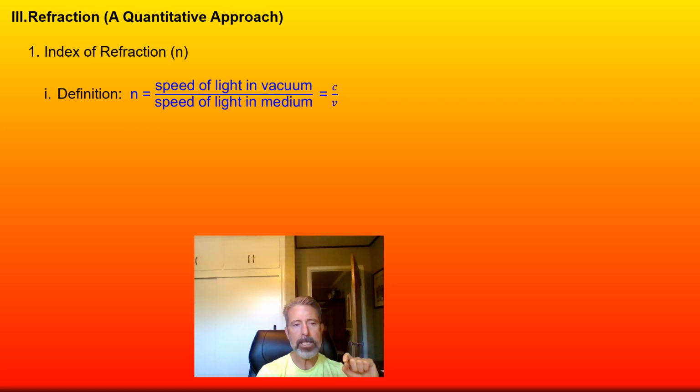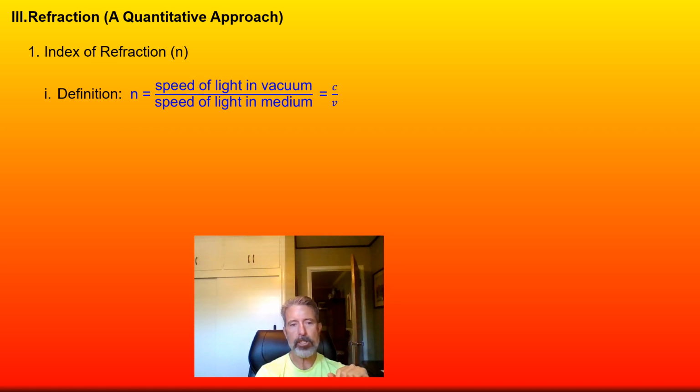By definition, the index of refraction of a given medium is simply the speed of light in a vacuum, which we said from Michelson's experiment is about 3 × 10⁸ meters per second, divided by the speed of light in the medium. So you can see here that for media where light travels very slowly, the index of refraction will be bigger.